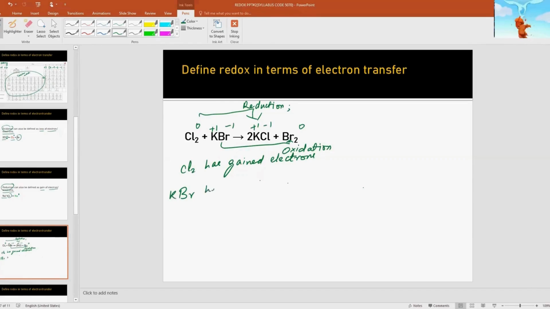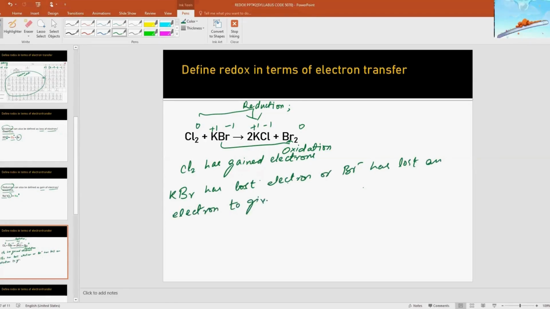KBr has lost electrons, or we can write Br- has lost an electron to give Br2. Cl2 is reduced to KCl and KBr is oxidized to Br2.